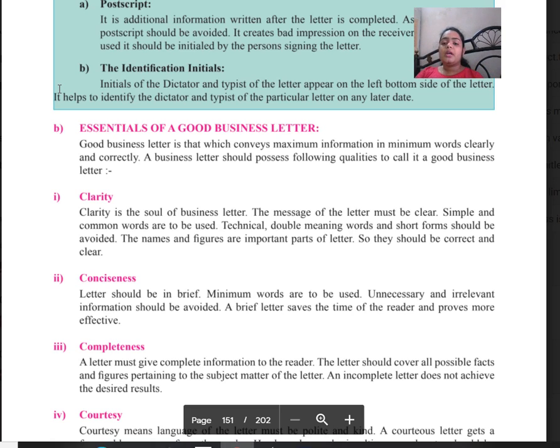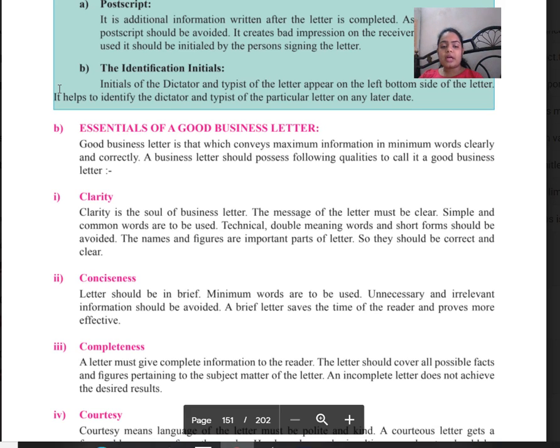So remember, clarity is one of the very basic and important part of the letter. Having proper clarity, simple and common words are used, and no technical words having double meanings or short forms of letters should be used. In case we are using any short forms, the long form should be mentioned in the brackets clearly so that the person who is reading shall understand whatever is written.